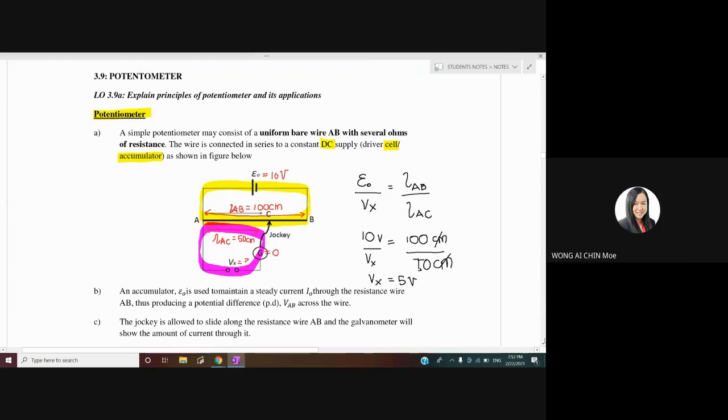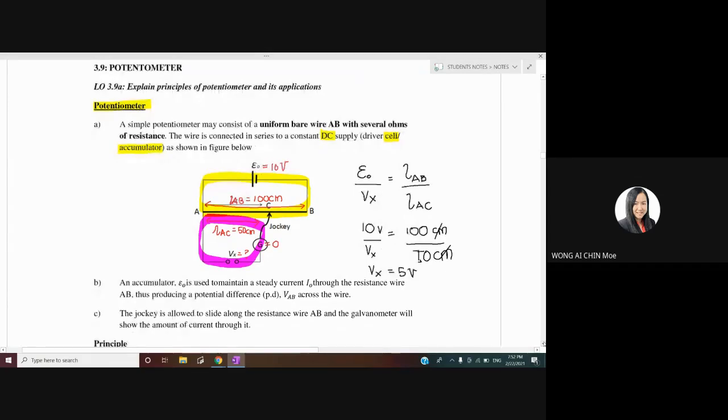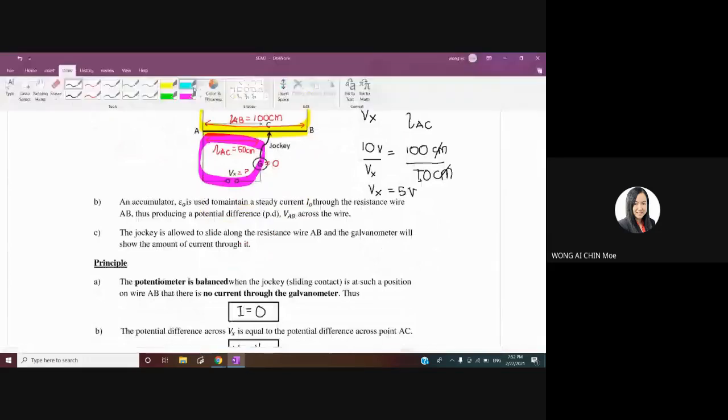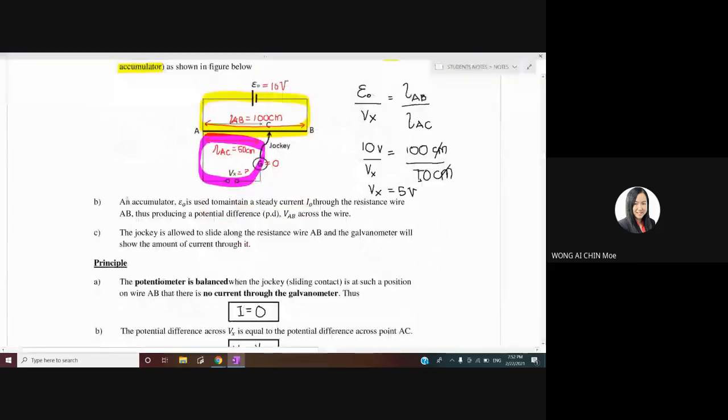We'll continue with B. An accumulator, epsilon naught, is used to maintain a steady current I through the resistor wire AB. Because this is an accumulator, it supplies potential energy throughout the circuit, thus producing a potential difference across the wire.